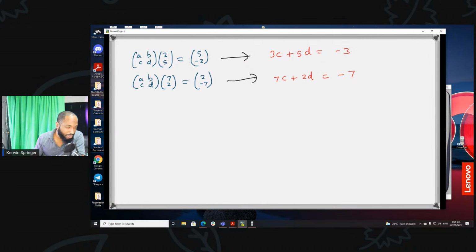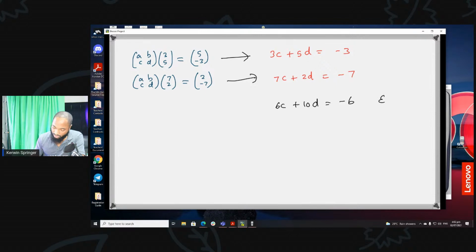If we do the same multiply by 10 thing, for each of the equations, we will multiply this by 2, multiply this by 5, to get the coefficients to match up. Elimination method, you will get, multiply this by what? By 2. So 6c plus 10d is equal to negative 6.